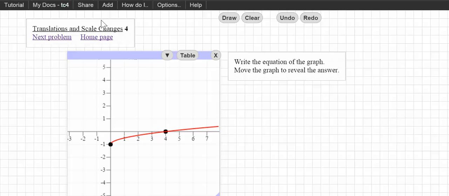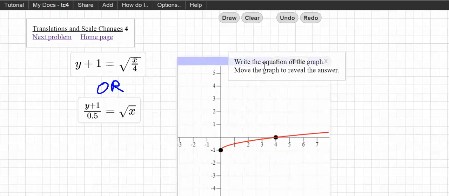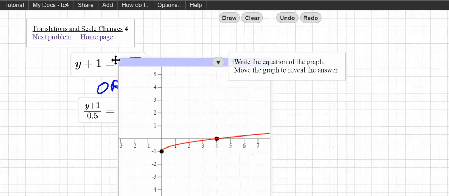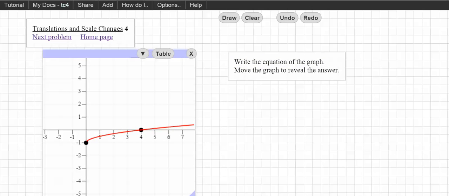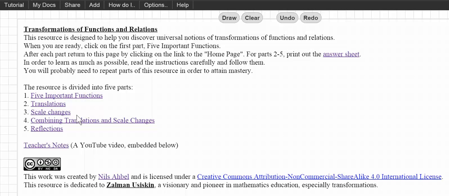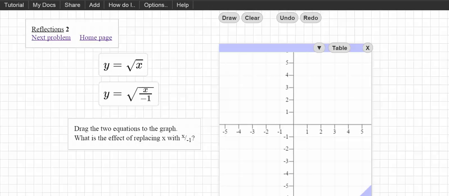Most of the problems in this section are ones in which they need to write the equation of the graph, and then they can move the graph to reveal the answer. In this case, there are 2 possible answers. When they're finished, they can come back to the home screen, and there is one last section, reflections.